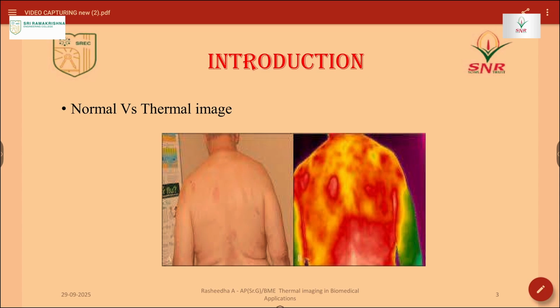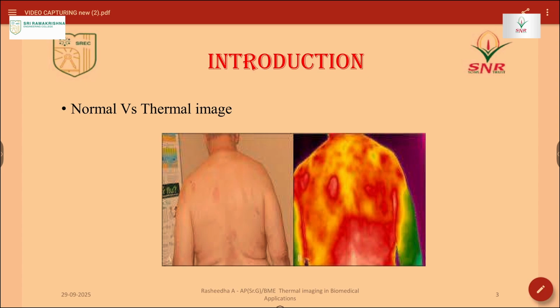Thermal imaging is a technology that captures infrared radiation emitted by objects and converts it into visible images. Unlike normal cameras, it works in complete darkness since all objects emit heat. Here the tissues will also emit heat. The brightness or color in a thermal image represents the temperature variations across the surface, as you can see in the image on your right.